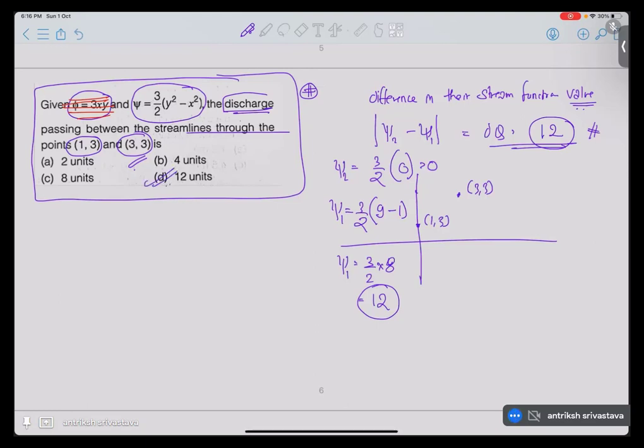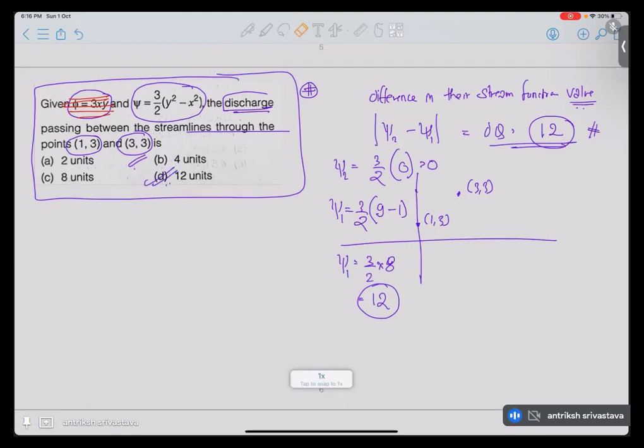That is the answer. Now if you were to get confused and use phi, let's see what we get. If we were to use phi 1, we will get 9. Phi 2, we will get 27.